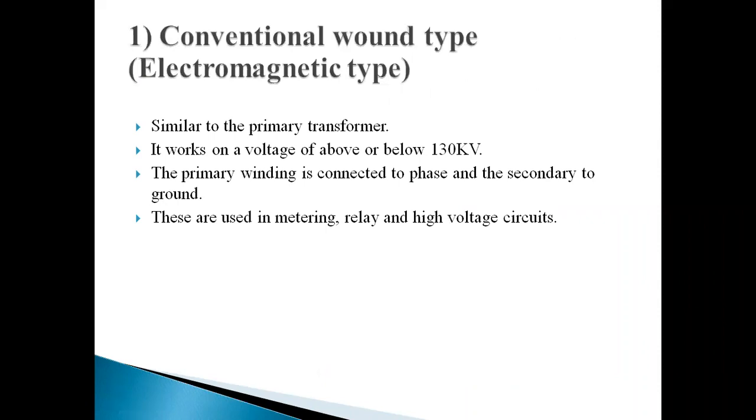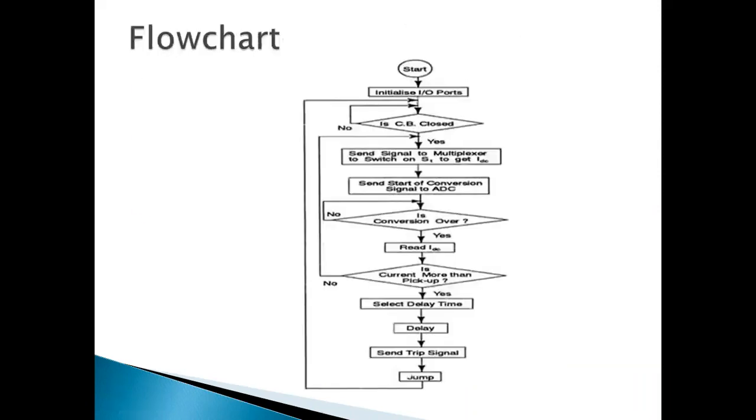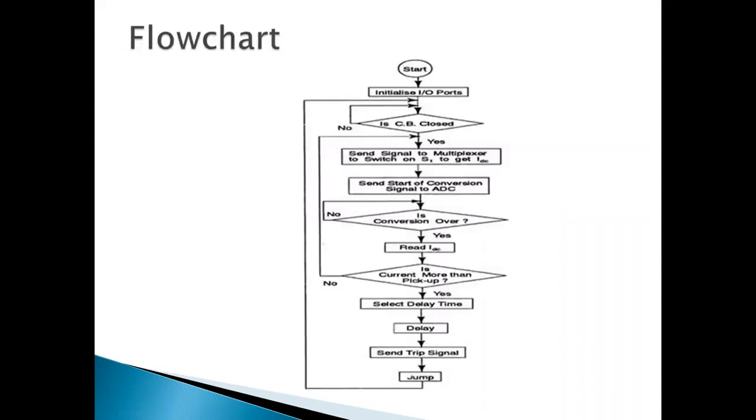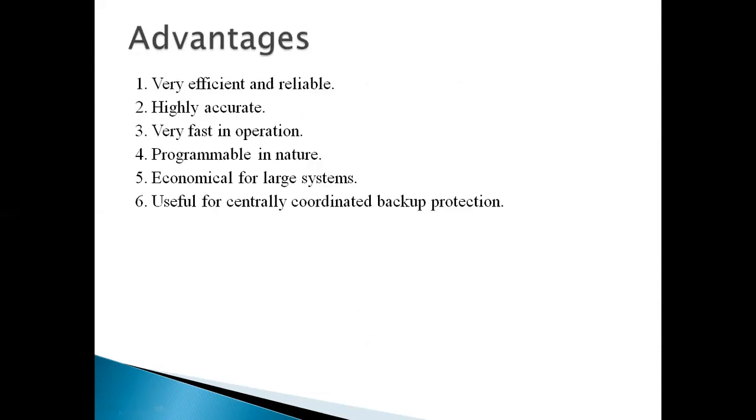Now we have seen these types, then the microprocessor based relay. One more thing about microprocessor based relays is that they have so many advantages. They are very efficient, very fast in operation, and accurate, but they require some shielding for protection purposes.